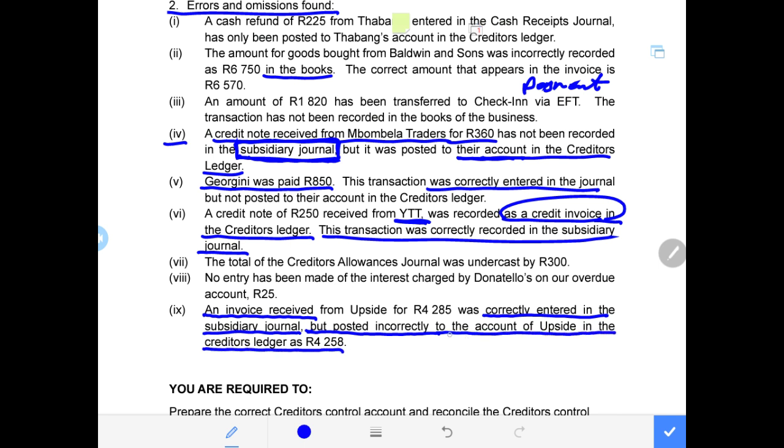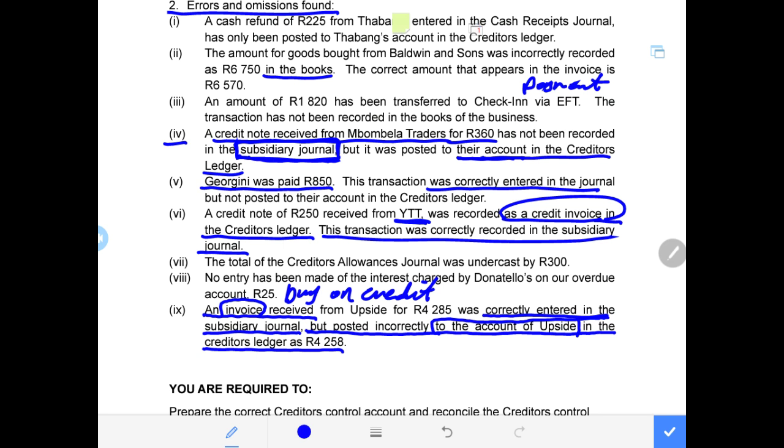Now in the account of Upside, the minute they say in the account of the creditor, that refers to the list of creditors. What this transaction was about is an invoice. We know that an invoice is when we buy on credit. And when we buy on credit, what happens to our liabilities?